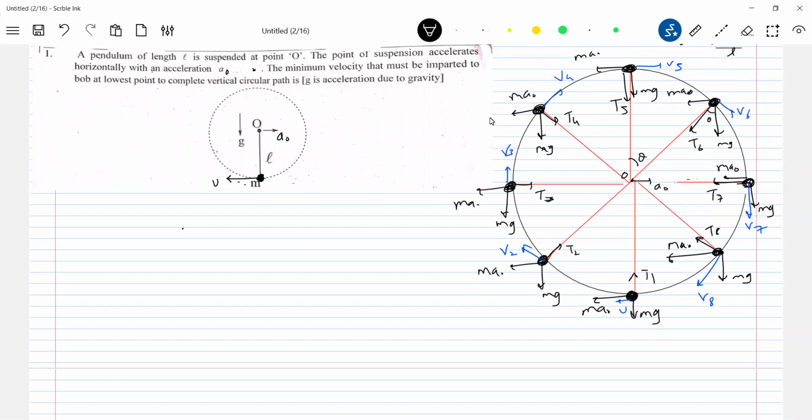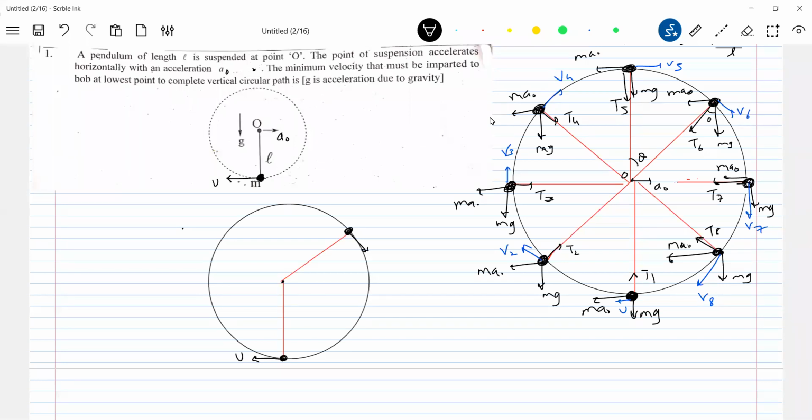I'll draw a circle with respect to, okay, this is the bob. We have given velocity at the lowest point.